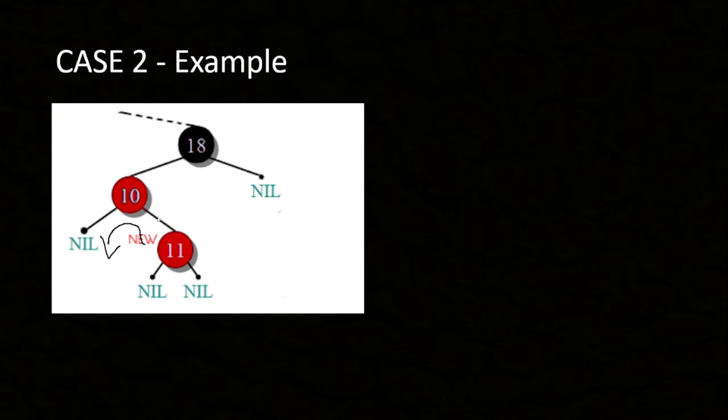Because we do a rotation here, it will look like this. So the grandparents stay the same, but then due to the rotation, the child will be the parent of the original parent. That's scary, but that's normal in the town of Red Black Tree.